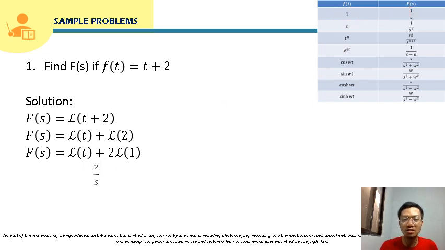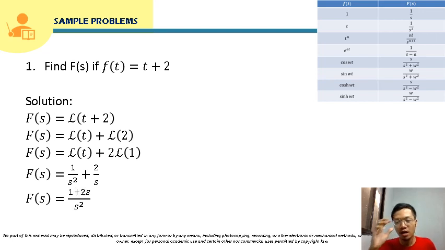Okay, so solving this further, the Laplace transform of t is just 1 over s squared, and then plus 2 times the Laplace transform of 1, which will be 1 over s, so 2 times 1 over s will just be 2 over s. Okay, so we will make this one fraction, so we will combine these two.